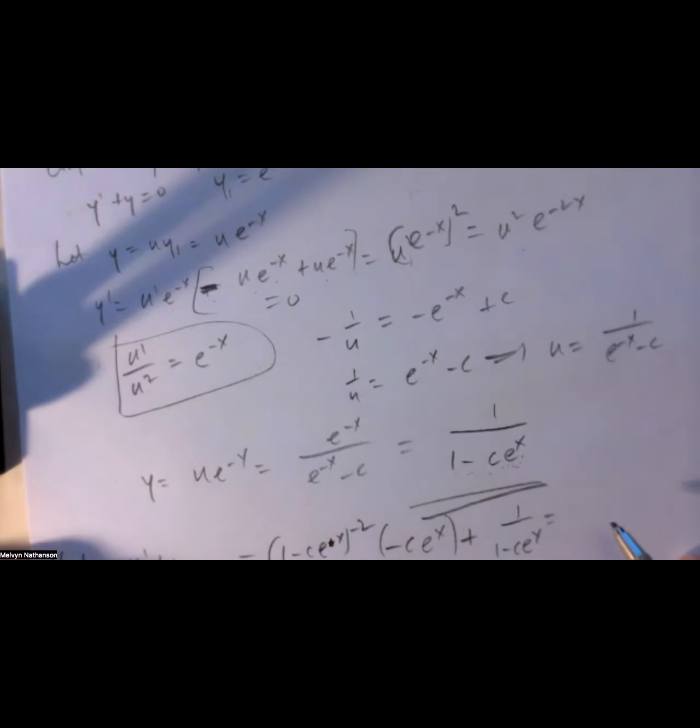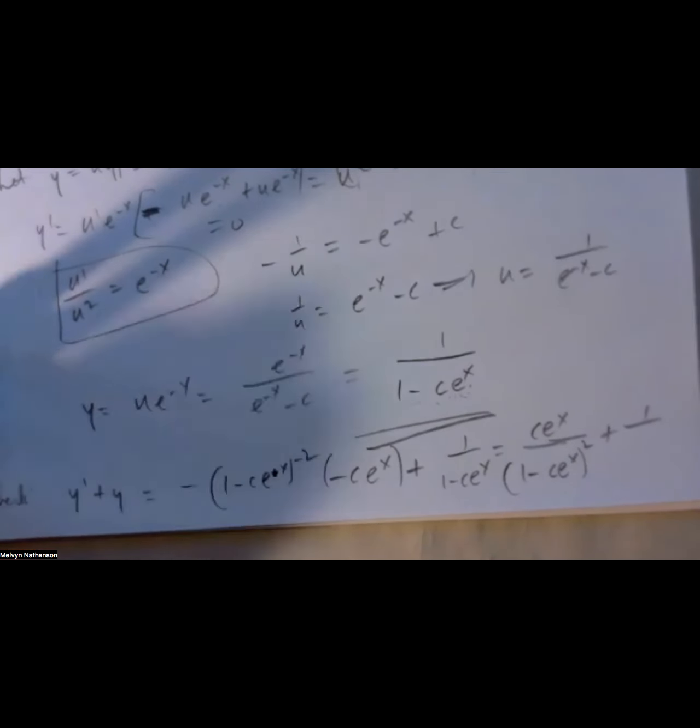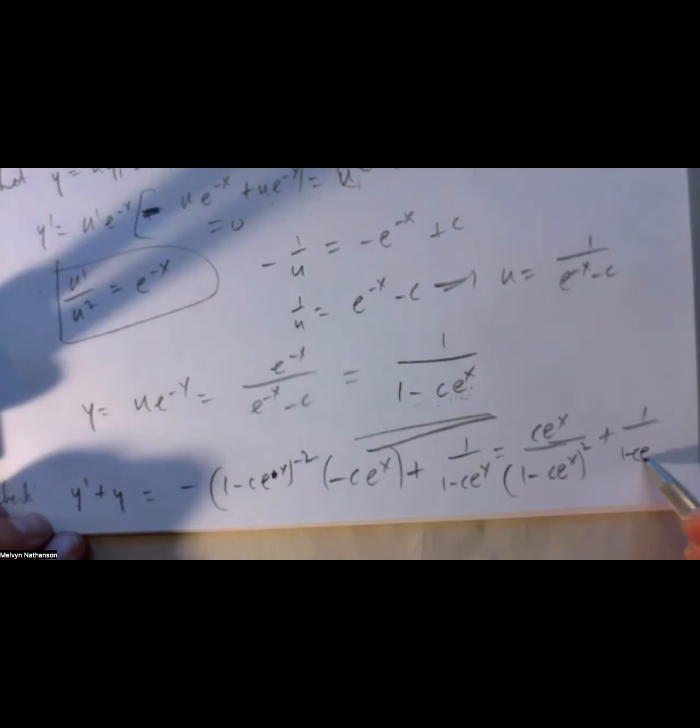So what is that? That's, let's see, this is c e to the x over (1 minus c e to the x) squared plus 1 over 1 minus c e to the x.